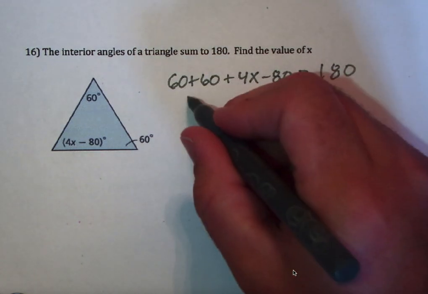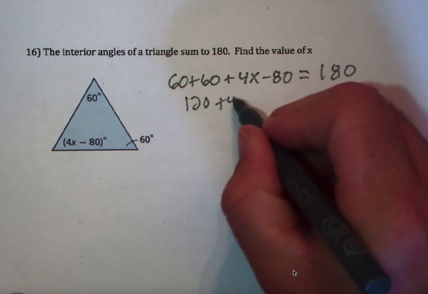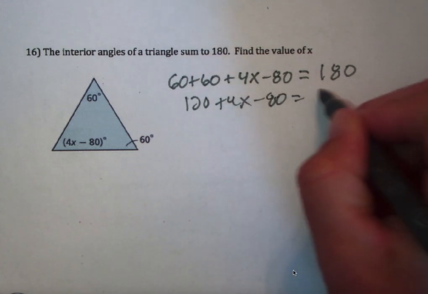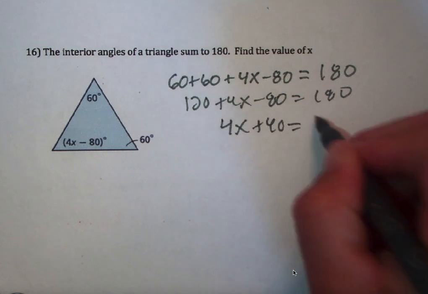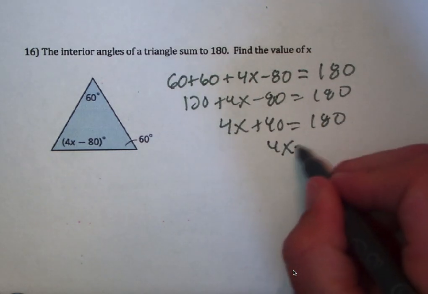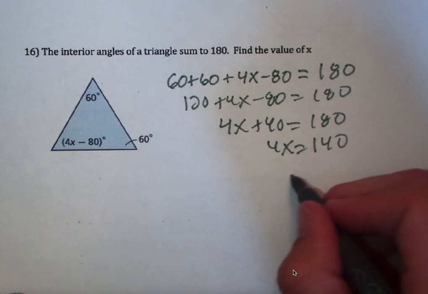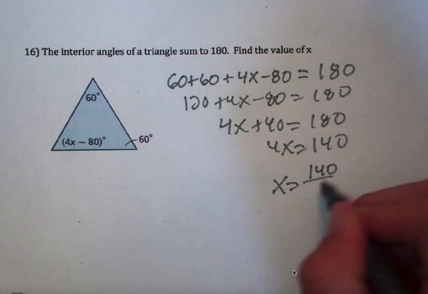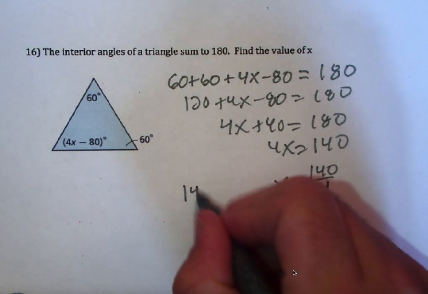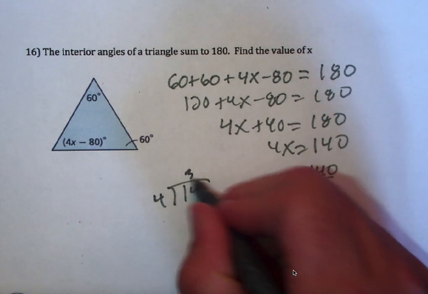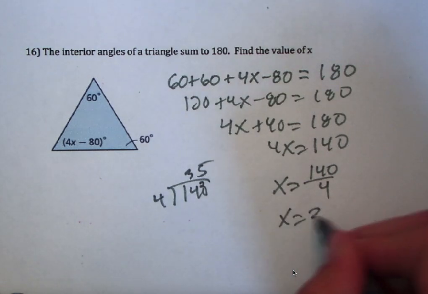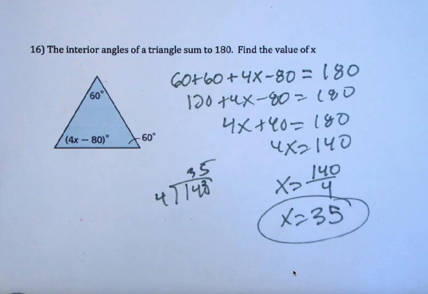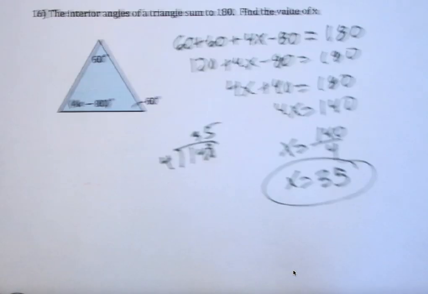I'm going to combine like terms, so I get 120 plus 4x minus 80 equals 180. 4x plus 40 equals 180. 4x equals 140. And then we'll divide 140 by 4. And I'll do it over here. Aha, x equals 35. Okay, cool. And that's one approach. There's other approaches, but that's the one that I went with.